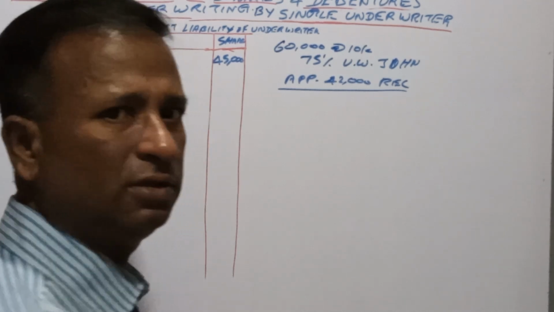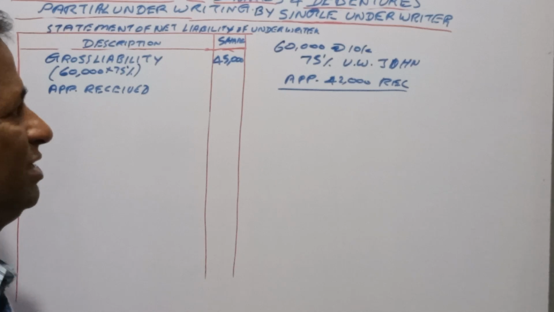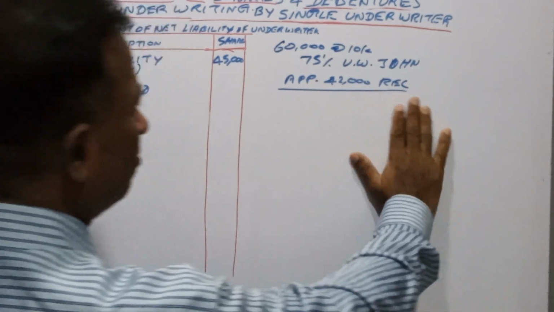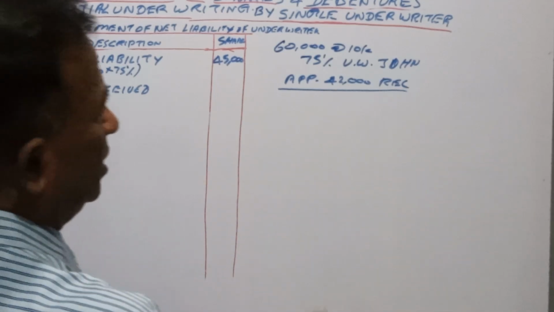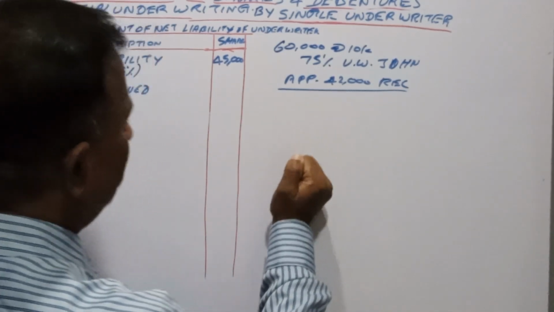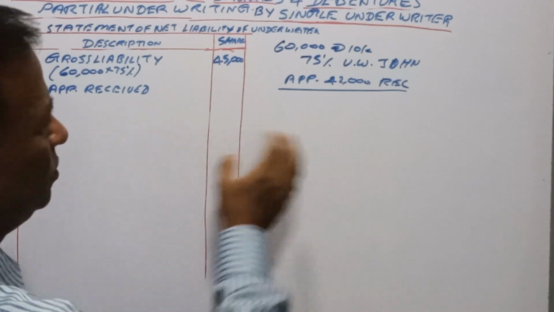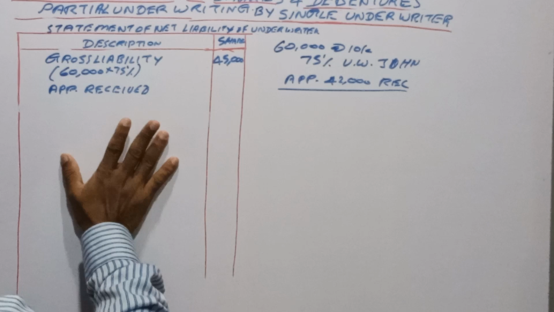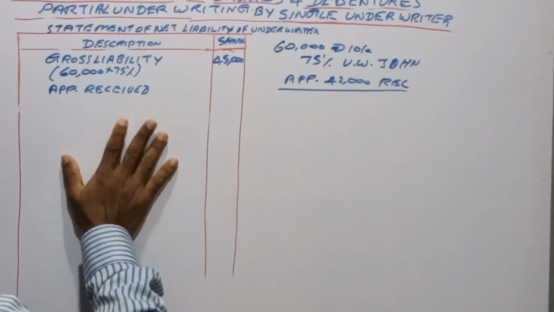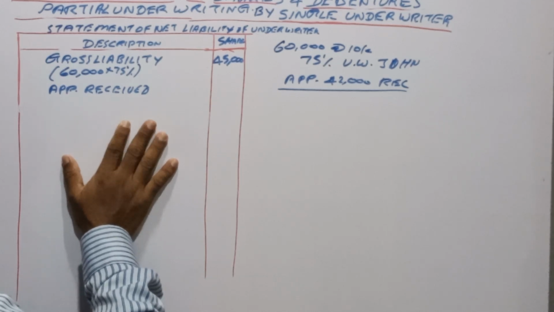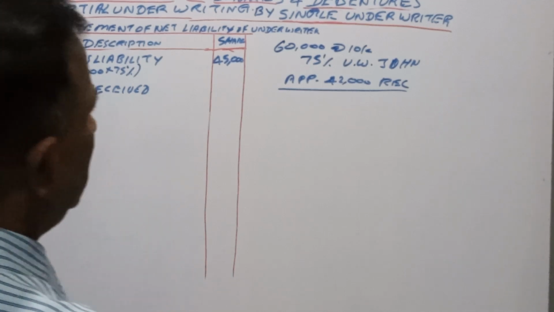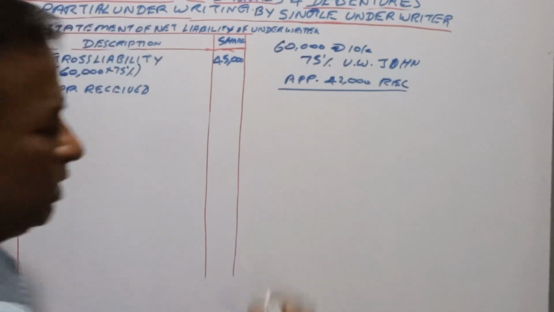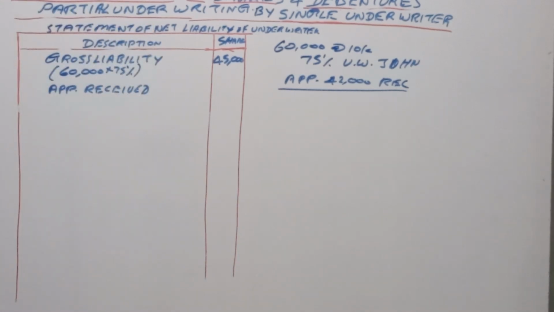Here they have not given the marked applications in this question. If they had given the marked applications, it would be easy for us to calculate John's portion. Here again we have to work out John's portion.